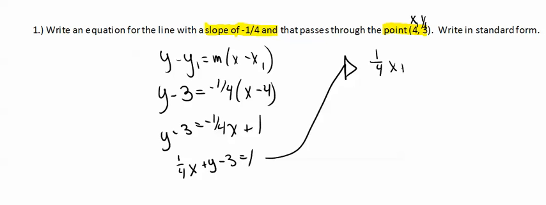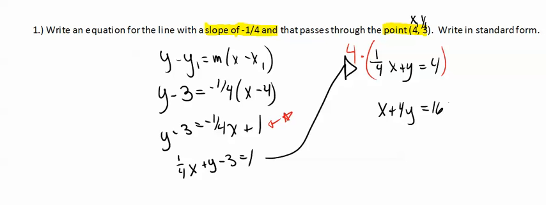And then finally we'll move the 3 over. Now, the only other thing about standard form is we do not want fractions, so we're going to multiply the whole thing by the denominator. You could do this in the beginning if you wanted to, but we'll distribute this, and we will get x plus 4y equals 16.